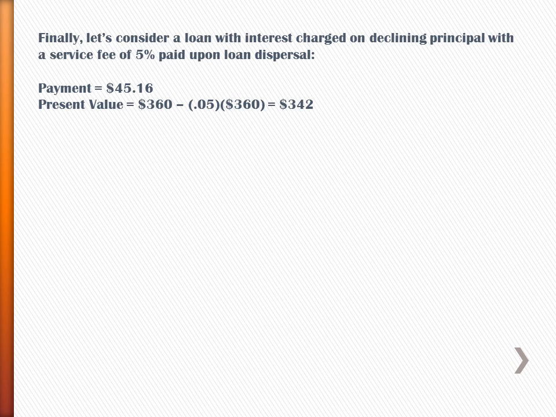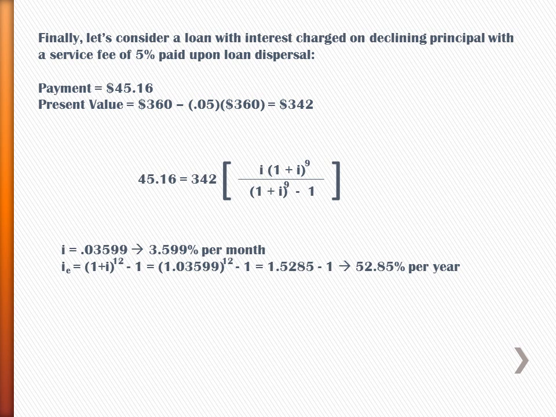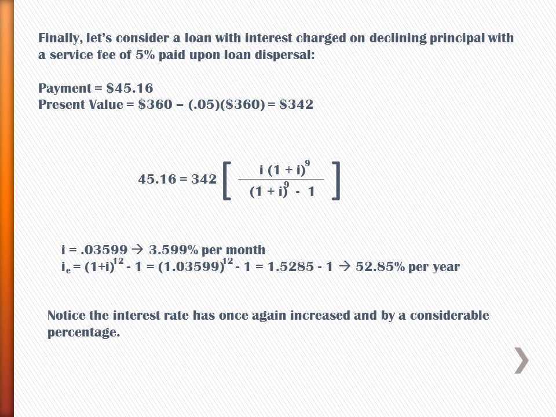Let's consider one final example. In this example, there is a loan with interest charged on a declining principal with a service fee of 5% paid upon loan disbursal. This results in an interest rate of nearly 53% per year. Notice from these calculations how the interest rate has once again increased by a considerable percentage.